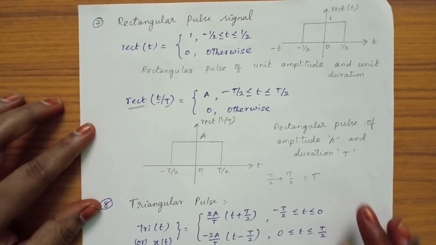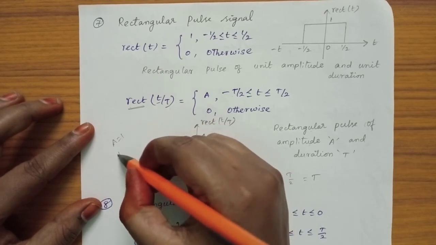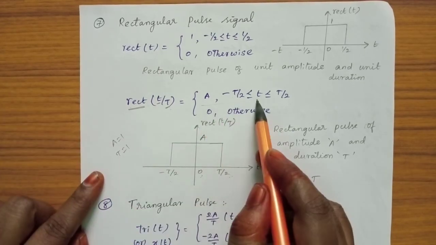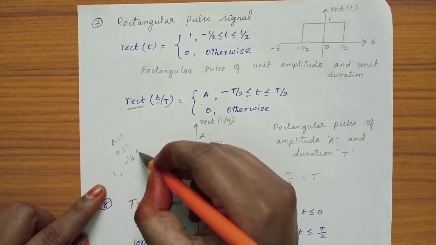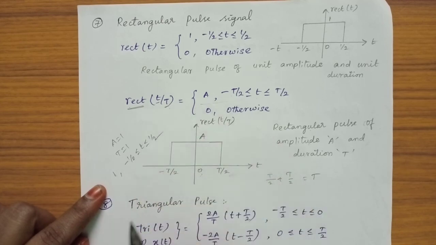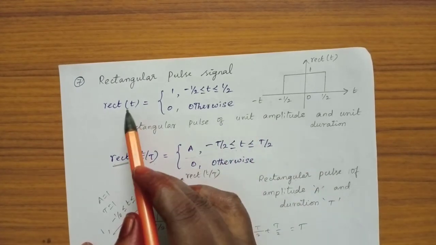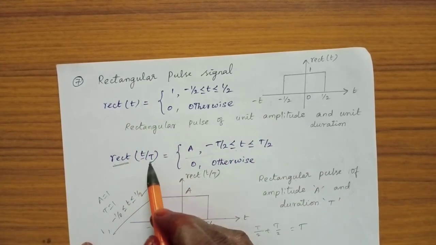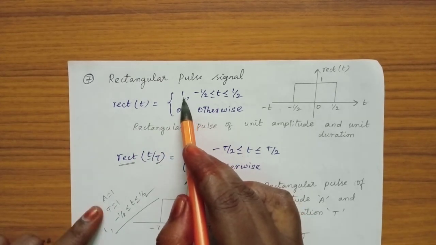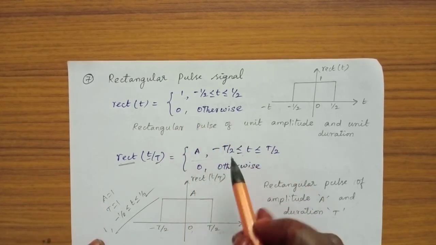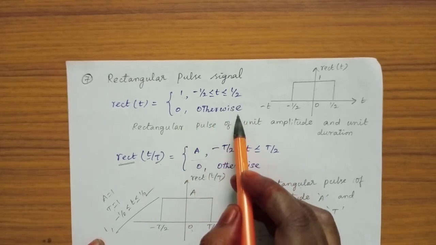If you substitute A equal to 1 and T equal to 1 in this equation, we will get 1 for minus 1 by 2 to plus 1 by 2. This is what I am writing here: rect of t, since capital T is 1, with A equal to 1, duration T equal to 1, so minus 1 by 2 to plus 1 by 2, 0 otherwise.